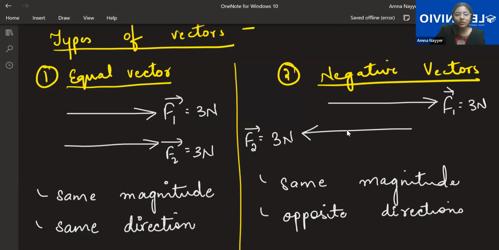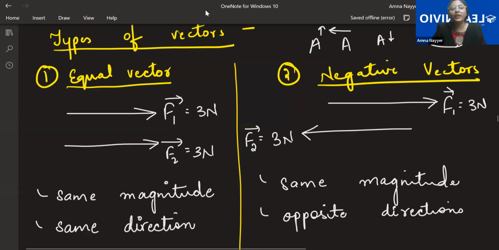Ma'am, on the exact F2, the arrow is in the same direction, no, opposite, no? This symbol on top of it, on top of F2, is the symbol for vector. This is a vector. It is not showing its direction. It's not that if a vector is acting upward you mark it like this, and if it is acting towards the left you mark it differently. No, the symbol is this wherever the vector is acting.